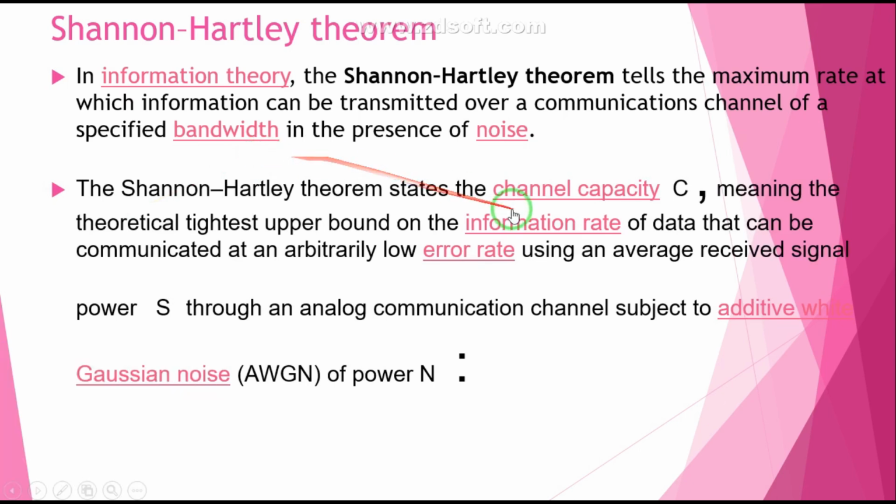So basically, the Shannon-Hartley theorem states that the channel capacity C, meaning the theoretical tightest upper bound on the information rate of the data that can be communicated at arbitrarily low error rate using an average received signal power S, through an analog communication channel which is subject to additive white Gaussian noise of power N.